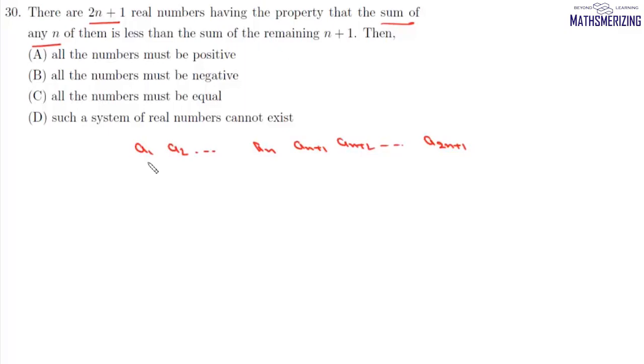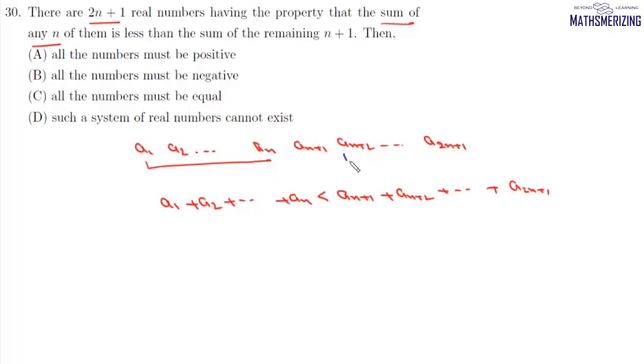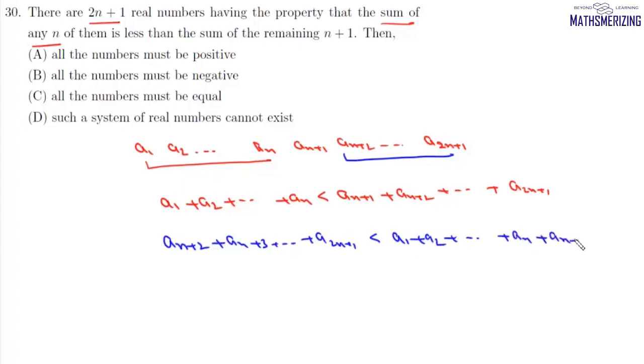So if we take the first n numbers, we can write a1 + a2 + ... + an, and it will be less than an+1 + an+2 + ... + a2n+1. What if we take n numbers from the end? Then we can write an+2 + an+3 + ... + a2n+1, and it will be less than a1 + a2 + ... + an + an+1.